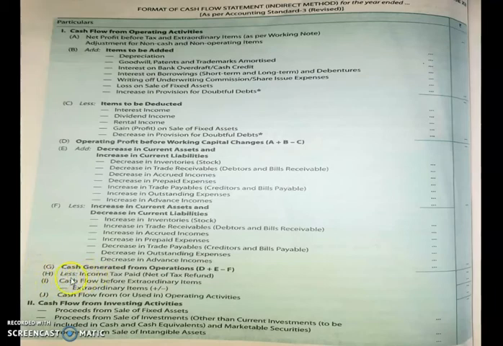Under that, if you are provided with an income tax item, that is, less income tax, if it is given in your question, then you have to subtract it from the cash generated from operations. After subtracting this item, what next is cash flow before extraordinary item, which is a rare item.